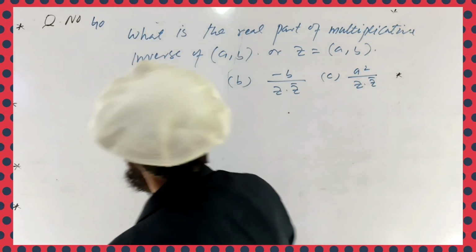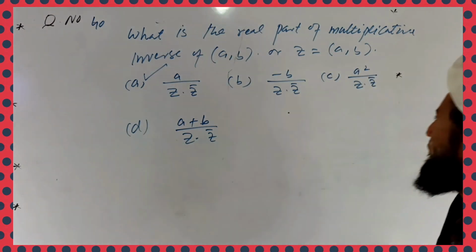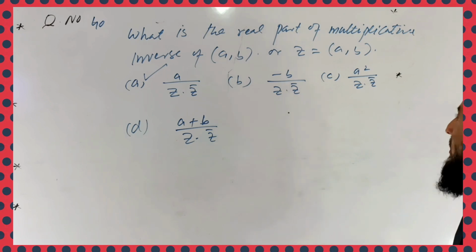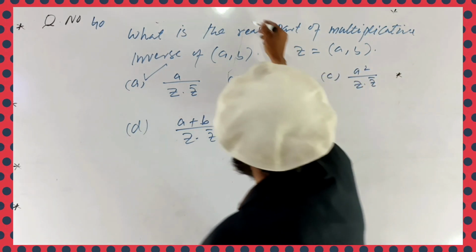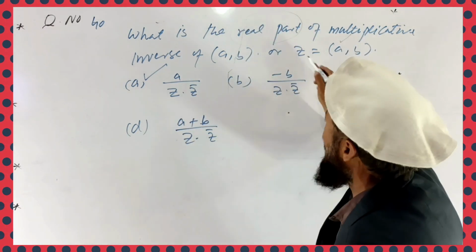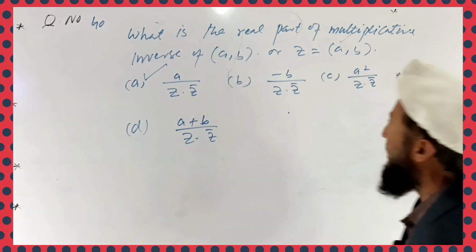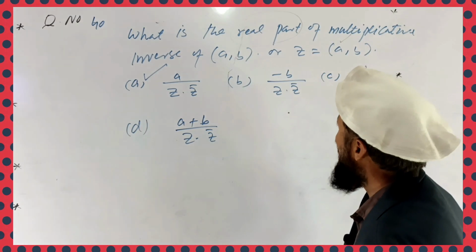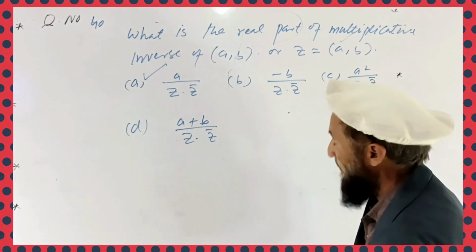Correct answer is that one. So the real part of A divided by Z is the property. What is the real part? Real part is required. Real part means here A value is required. If we take Z bar conjugate also, and take both products, the result will be the same.